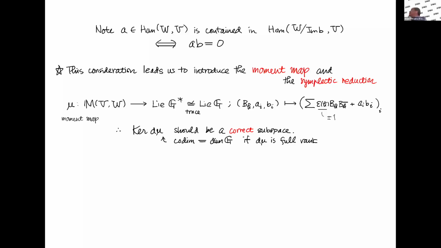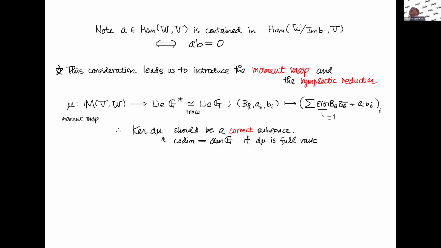M is the direct sum of N and N star, and if you change the order of N and N star, then the symplectic form changes sign. This is the reason why we need to put the epsilon h. Except for that point, the first component is an analog of A times B. I just replace small a by B of h and B by B of h bar. And this component is just the direct generalization of small a times small a.